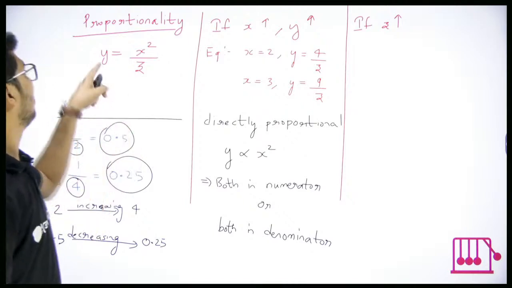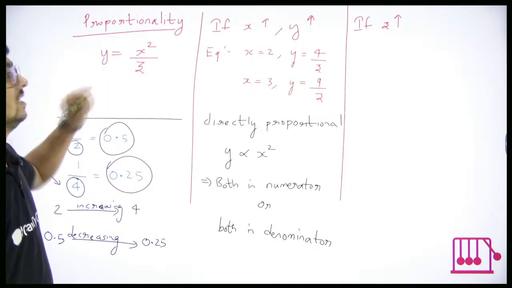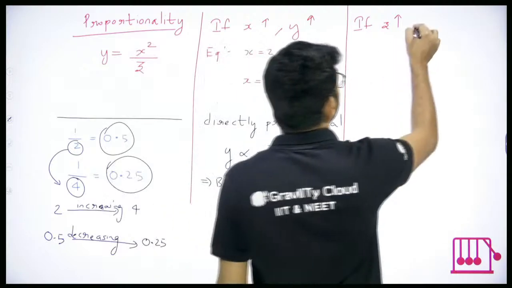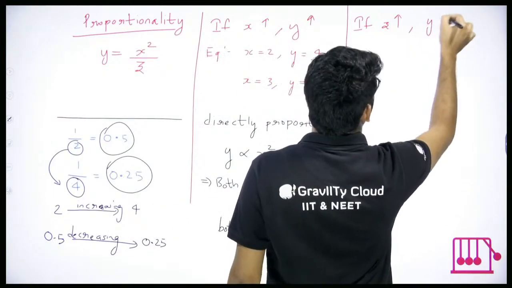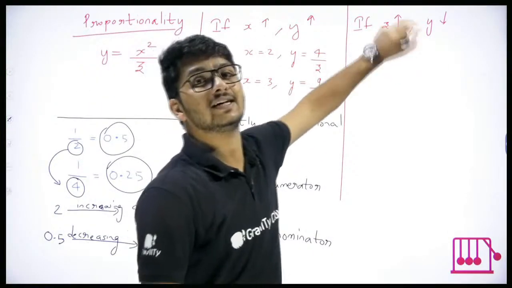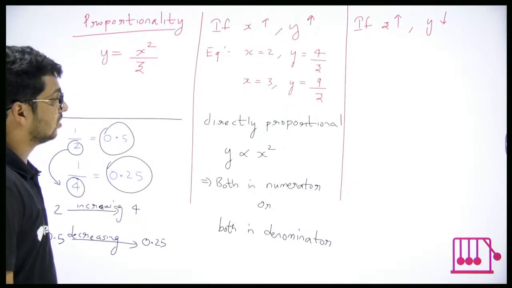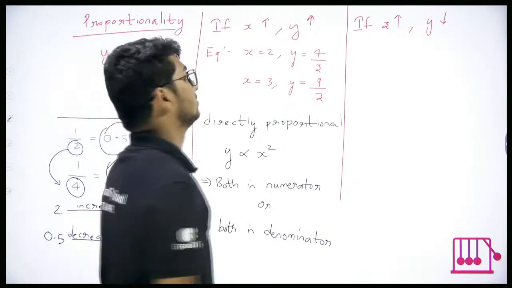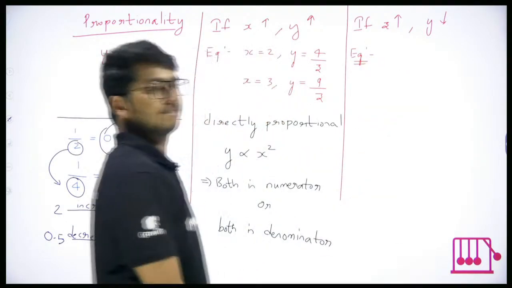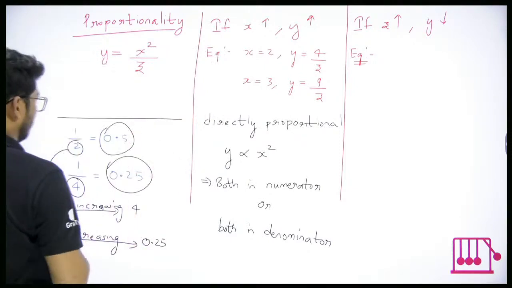So if one is in the numerator, the other is in the denominator. See, y in the numerator, z in the denominator. Then what happens is, if z increases, then the other one decreases. Or if z decreases, y increases. That's the beauty. Understood? Clear? So we go into the example.